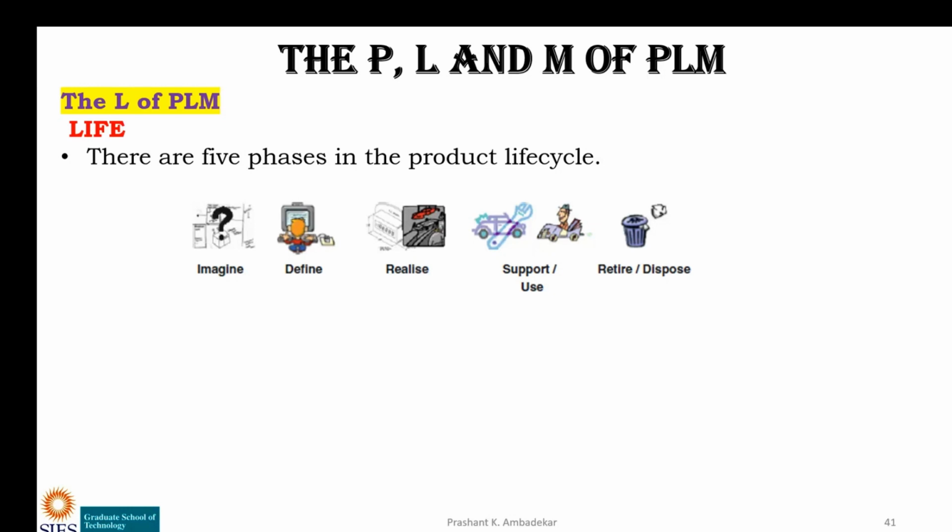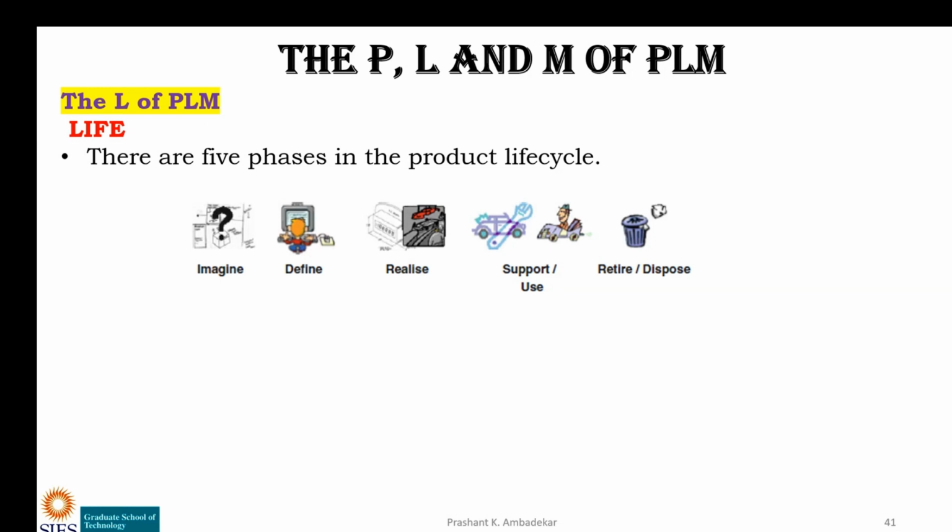For example, some concept comes to my mind, and I am explaining it to my seniors, juniors, whoever is present. That may be in my brain, on paper, or on the screen which I am presenting to others. That is called the imagination phase.